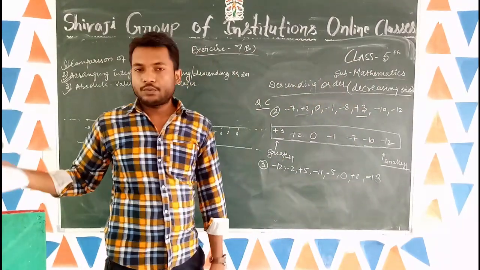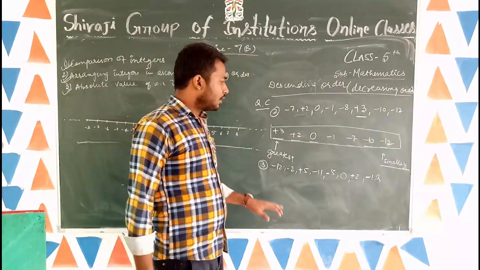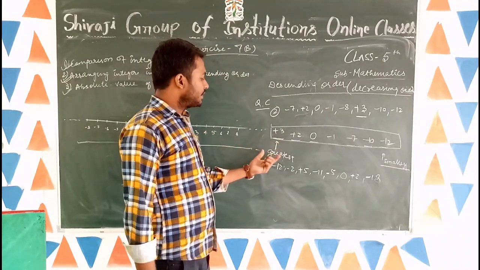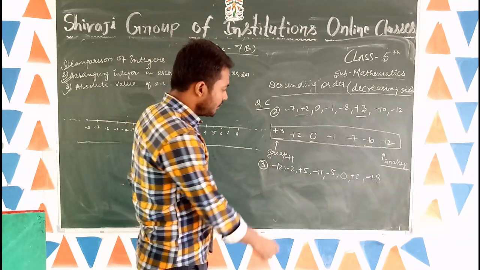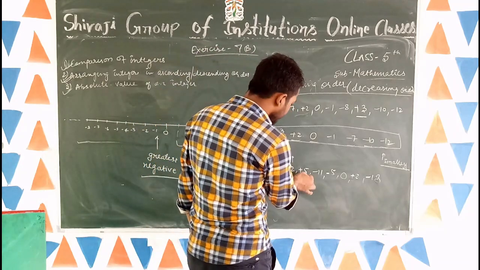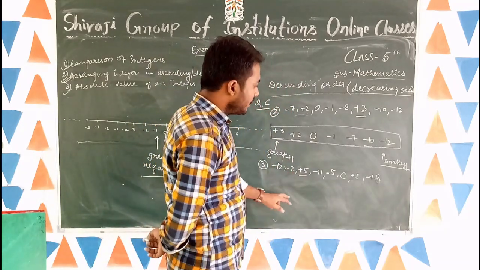Okay, we have to arrange these numbers in a descending order. So we know the first position will be the number of greatest value. Okay, so here plus 5 is the greatest value number.